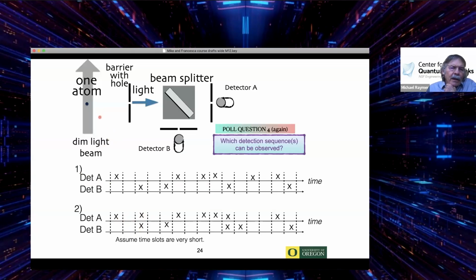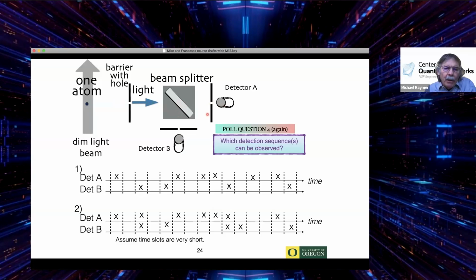But as you make the light dimmer and dimmer, you get more and more times when there's no click, and sometimes when only one detector clicks, but never when both click. What that is telling us is that the light is partitioned into what you think of as particles. If just one particle is traveling here and it hits a splitter, that particle can either go to A or B, but it cannot go to both.